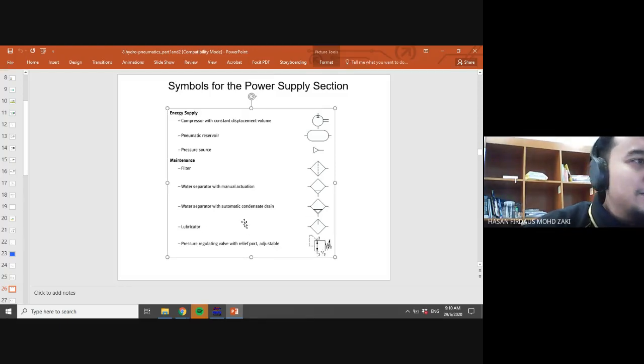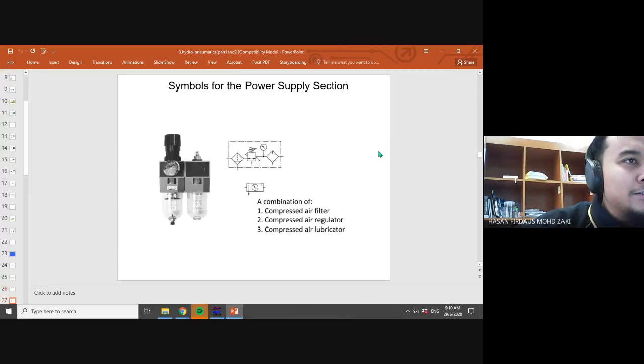This is the power source. You can find this in any hydraulic system, so if you go to your lab, you should find this one.